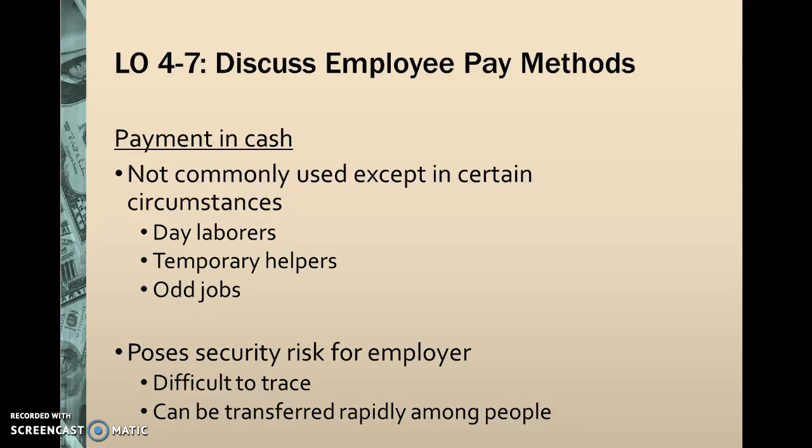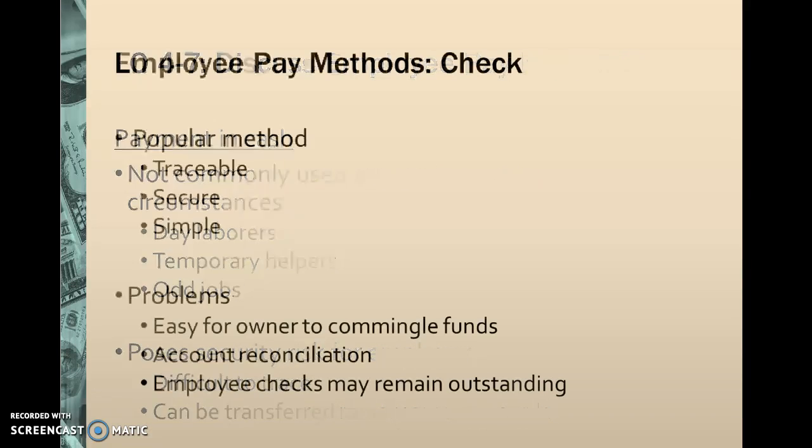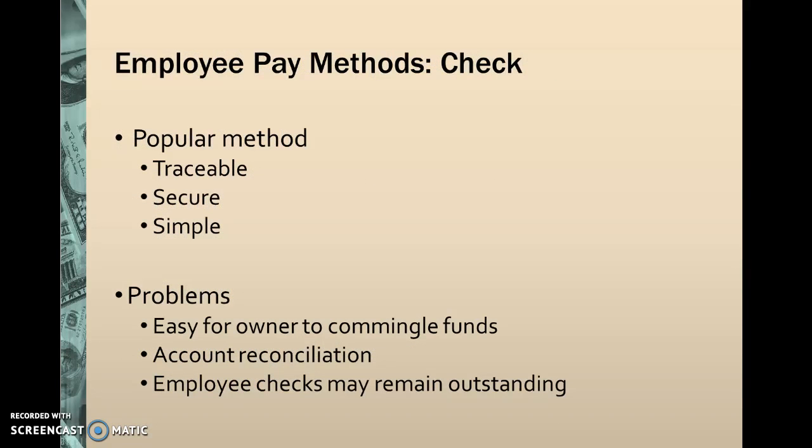It does pose a risk for employers due to tracing of all the deductions along with the pay, and can be transferred rapidly among people. Some popular methods is traceable, secure, and simple. Problems, it's easy for the owner to commingle funds, account reconciliation, and employees' checks may remain outstanding.